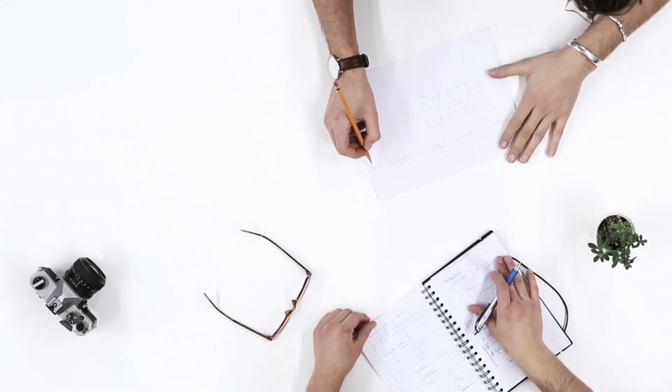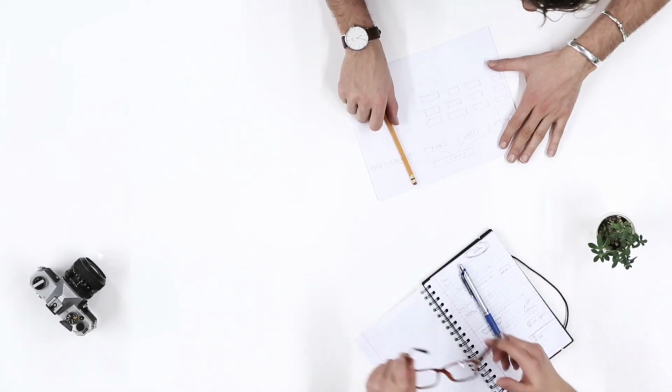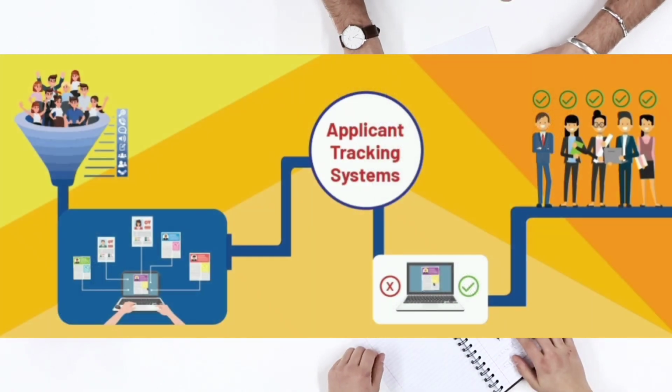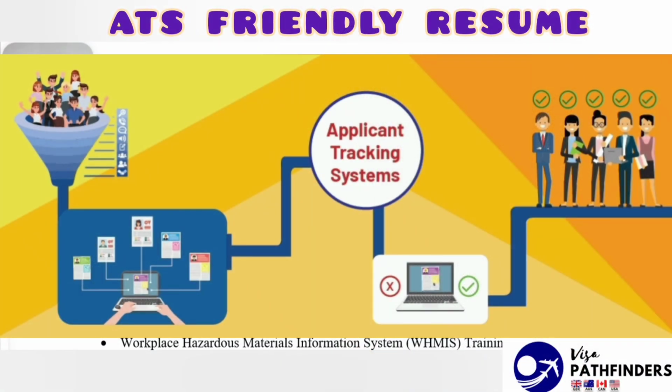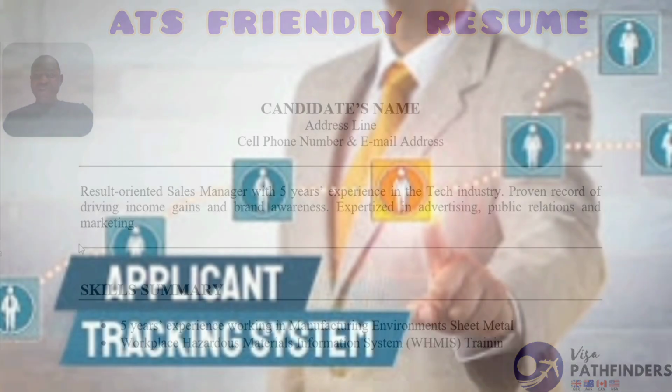Technology is changing the way we do everything today, and that includes applying to jobs. This is why we need an ATS friendly resume to ensure that we're very competitive in today's job market.